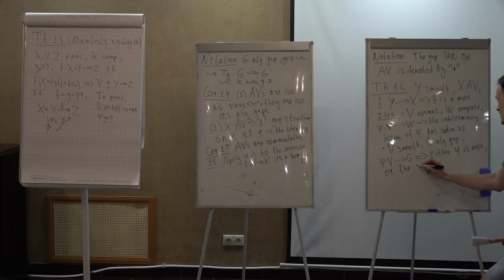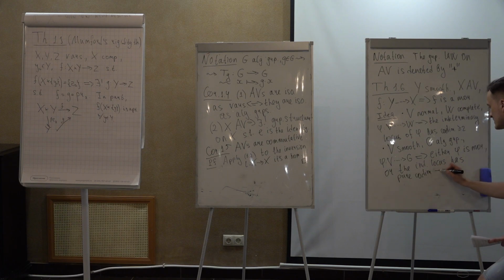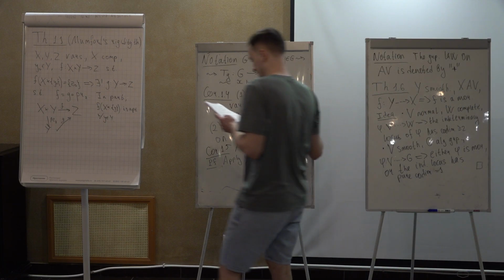So the indeterminacy locus has pure codimension 1. So it's the support of a divisor. And I guess you can see how we combine these two facts. It both has codimension at least 2 and pure codimension 1, so it should be a morphism.